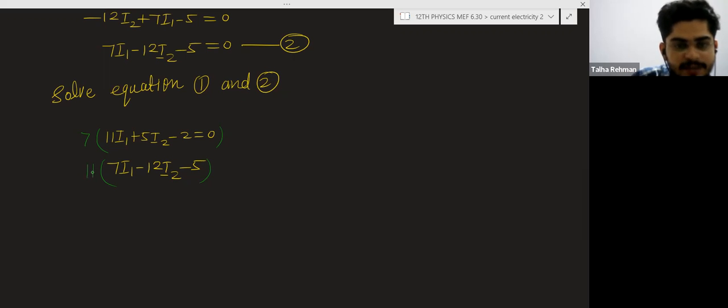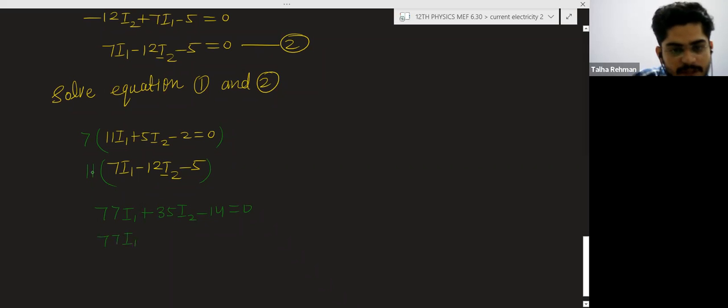And finally, when you multiply by 7, you will get 77 I1 plus 35 I2 minus 14 equal to 0. And when you multiply the other, this will become 77 I1, and this will become minus 132 I2 and minus 55 equal to 0.